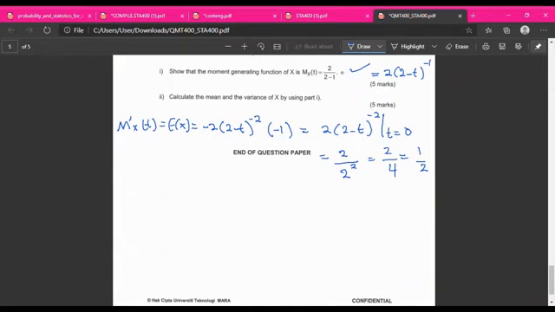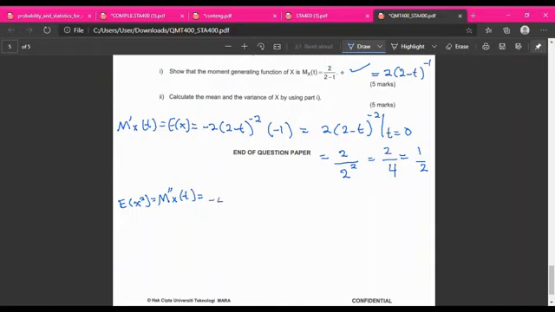So, nak dapatkan pula expected of x square. So, means that we need to do the second derivative. Lagi sekali, tadi dah differentiate sekali. So, nak differentiate kali kedua, so kita differentiate this function.